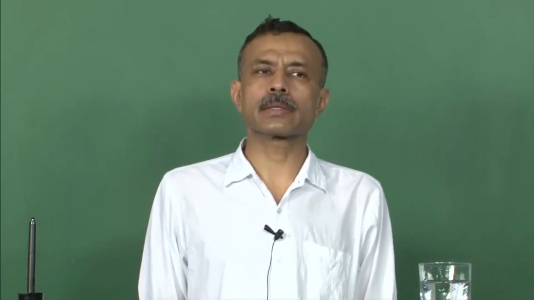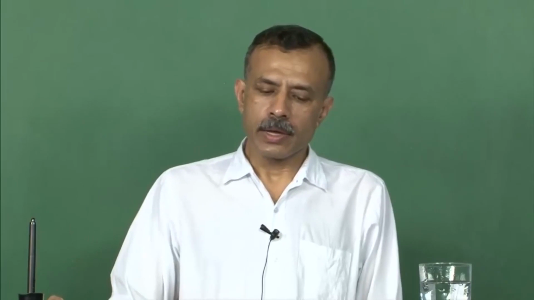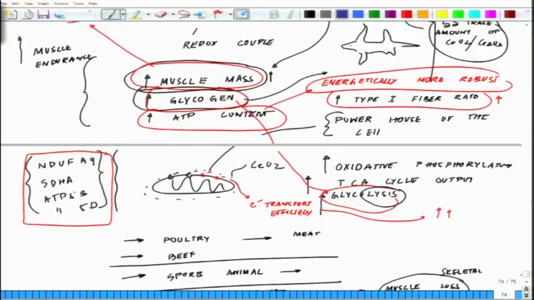In the last class, if you recollect, we talked about the role of cerium oxide nanoparticles in changing the muscle mass. There is an increase in muscle mass, an increase in glycogen concentration, and an increase in ATP concentration.